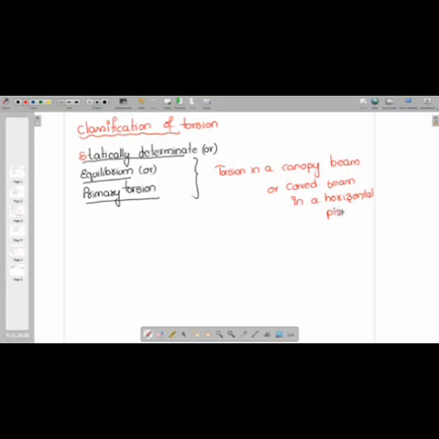Now, what actually is statically determinate or equilibrium or primary torsion?